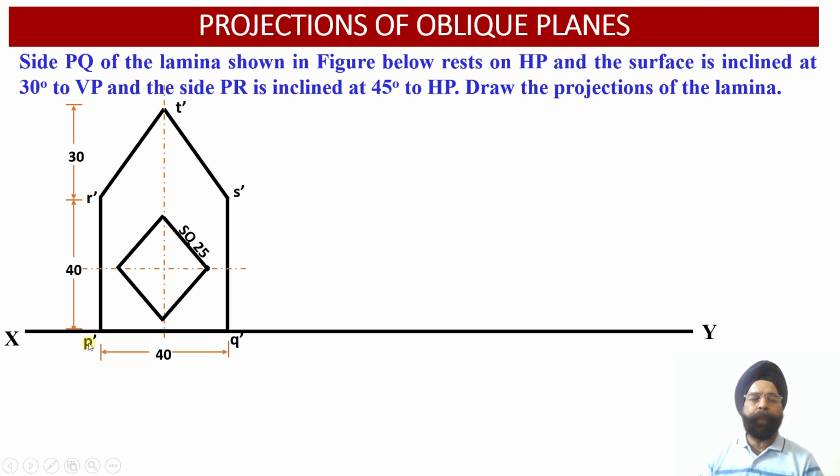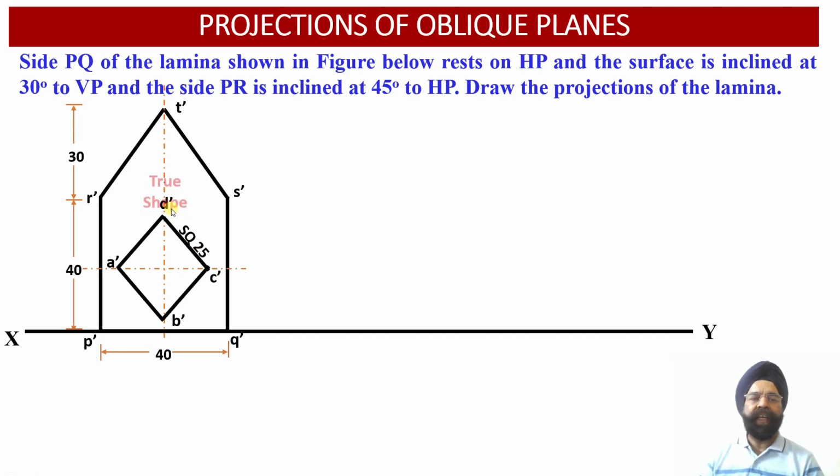So here we have got P dash, Q dash, R dash, S dash and T dash. These are the 5 points which are going to define the boundary of this particular lamina. And within this boundary we have got the square hole which is measuring 25 millimeter edge. The 4 points corresponding to the square hole have been labeled as A dash, B dash, C dash and D dash.